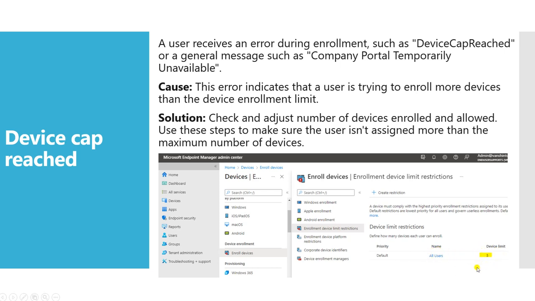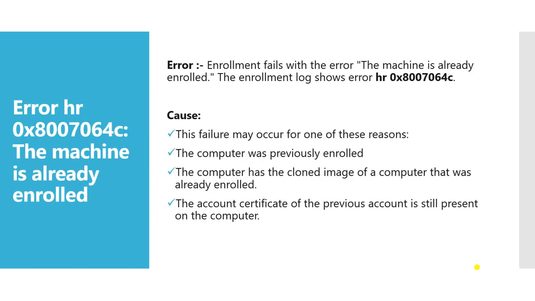That means one user can enroll only 5 devices. If you are enrolling a 6th device, more than 5 devices, then you will receive this error. So the solution is either you extend your limit or you change your account.